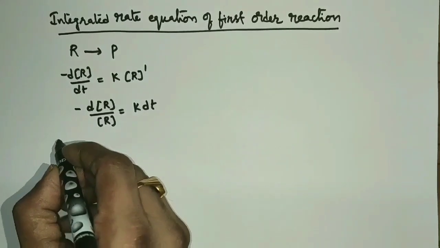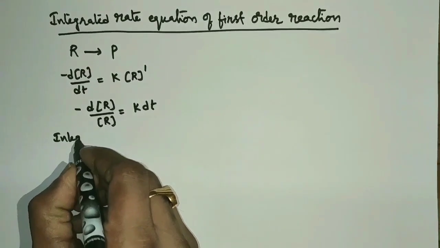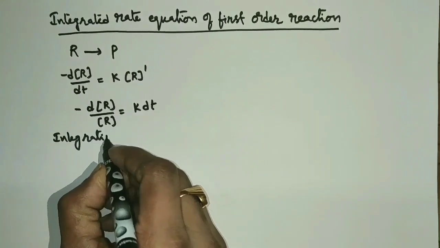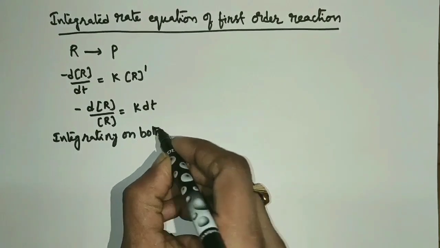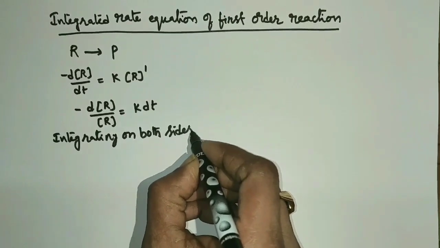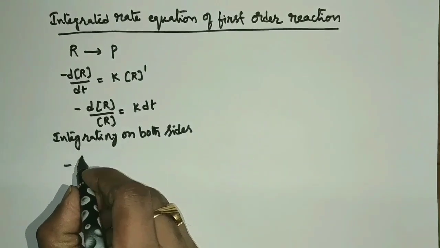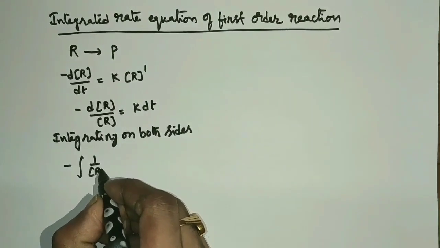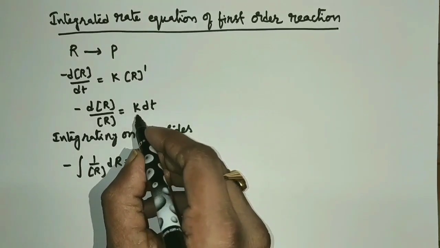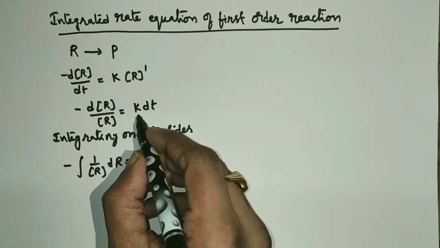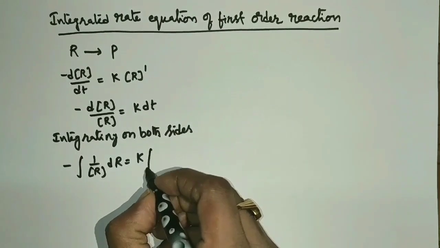If you integrate on both sides, minus integral 1 by R dR is equal to k, which is a constant, so there will be no integration for the constant, so k integral dt.